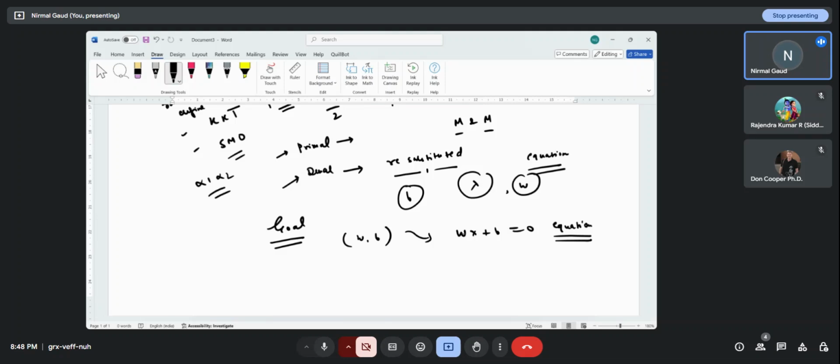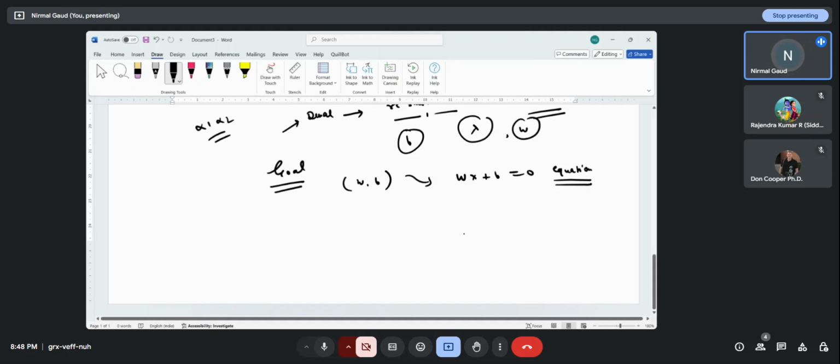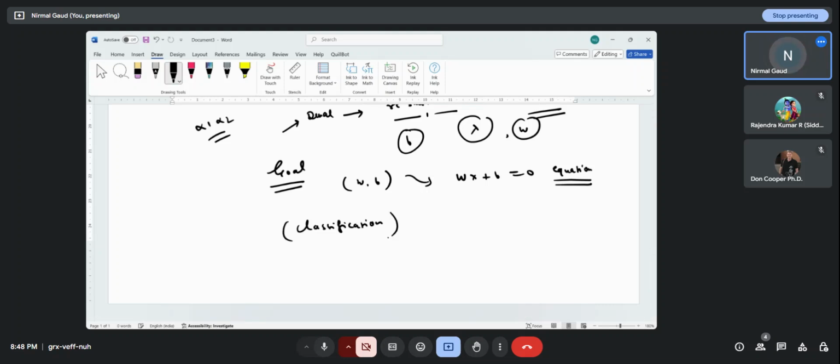This maths is very much important. Okay, so initially we were dealing with the classification problem. SVM, we do start with classification, and the entire maths we did for classification.